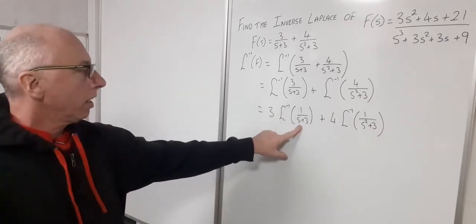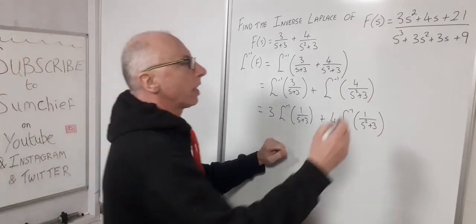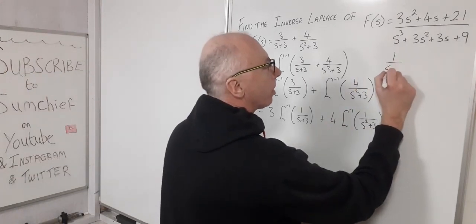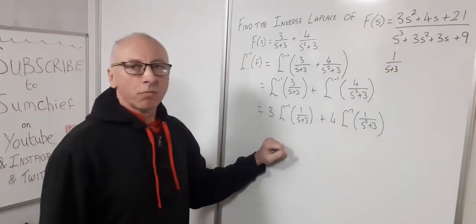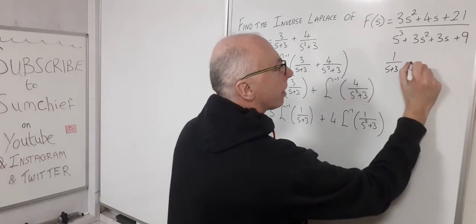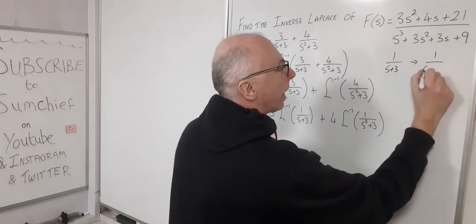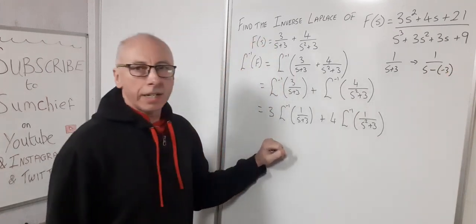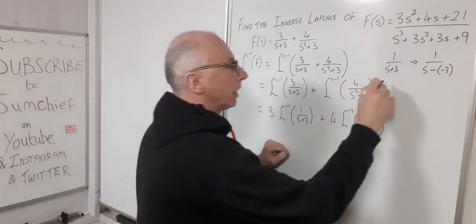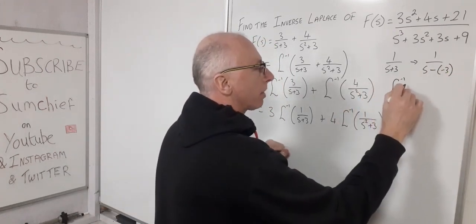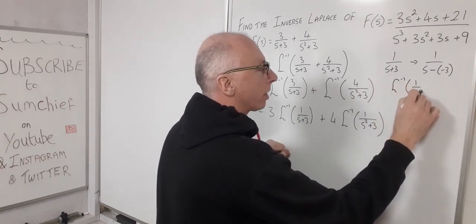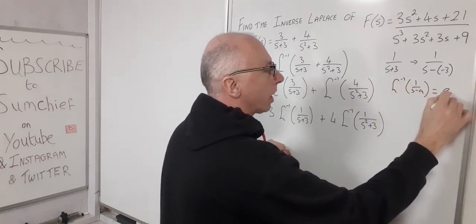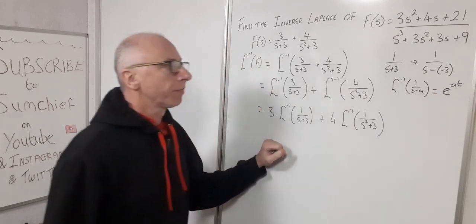Now this one here, 1 over s plus 3. What we can write that as is 1 over s minus minus 3. Now we know the inverse Laplace of 1 over s minus a equals e to the at.